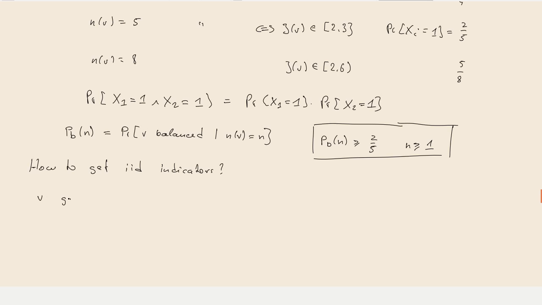We call a node good, which is a new kind of quality, whenever it is balanced. And if it is balanced, we also flip a coin with a very specific probability and check if that coin gives us heads.